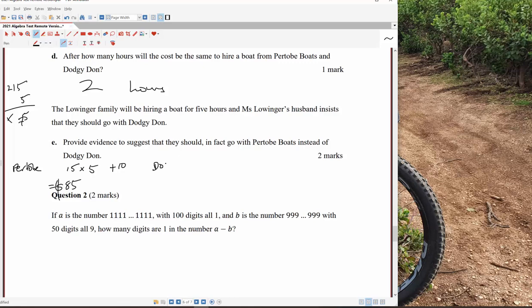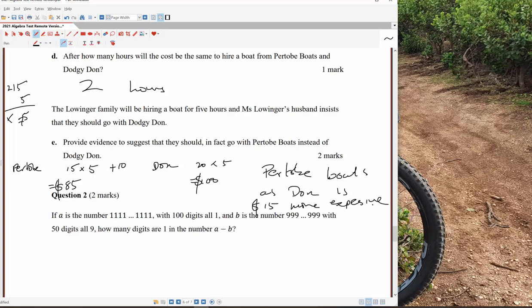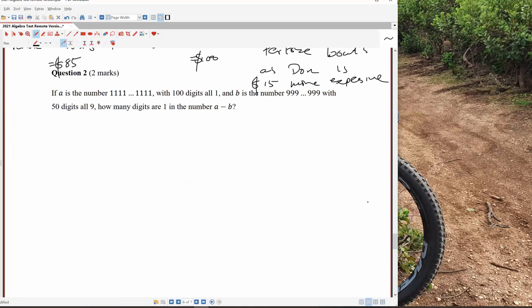And Don is 20 times 5 equals 100. So they should go with Petoby Boats, as Don is $15 more expensive. Bit dodgy now.